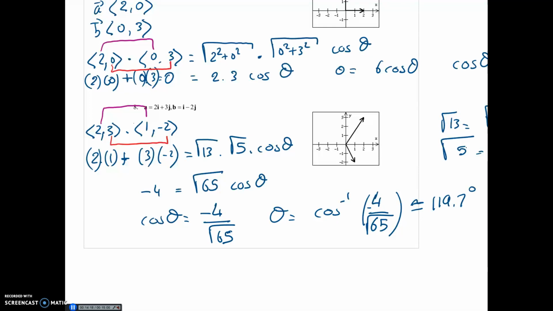And this is right here the magnitude of A, and this is right here the magnitude of B, which is the square root of the component on x squared plus the component on y squared of each vector. And then you take the square root, of course, following the Pythagorean theorem.